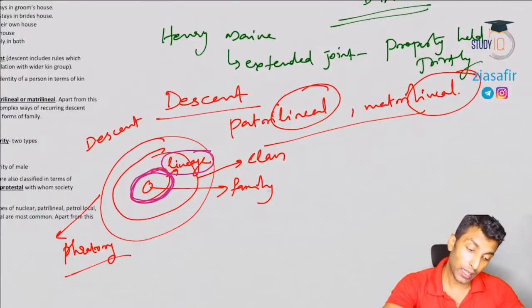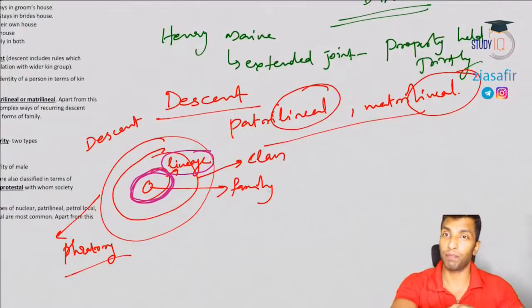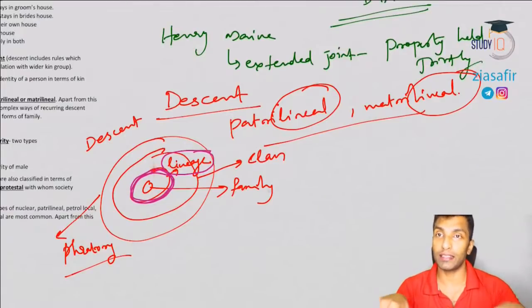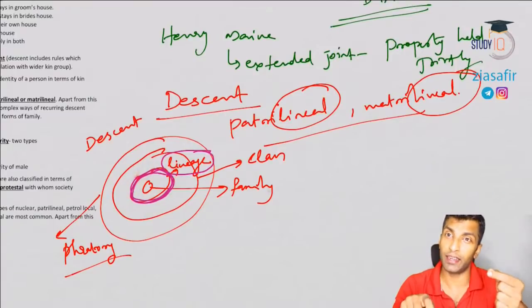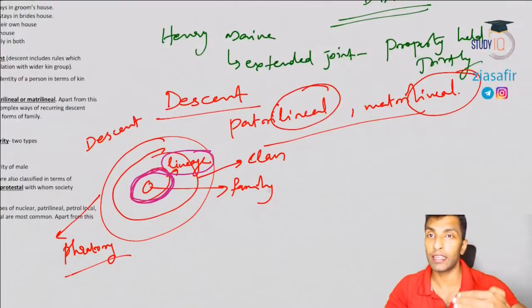Here I'm talking about lineage, although I have written descent, because lineage also comes under descent. Apart from that, you see lineage separately in terms of line of inheritance: line of inheritance of identity, line of inheritance of property. If it is identity, that is part of descent, because identity is from the ancestors. The way you choose ancestors, that is the descent principle.